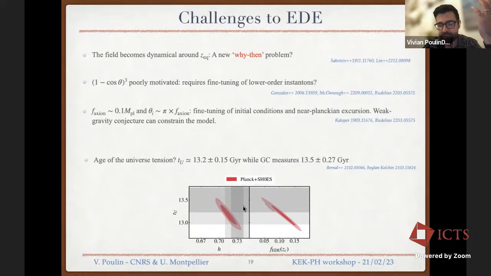And this may come into problem with measurements of the age of the universe, for instance, from globular clusters. And there are interesting papers discussing this. Currently, uncertainties on the measurement of the age of the universe are too large to really constrain the model, but with advancement in this field, we may imagine that we are going to run into another problem with the age of the universe.